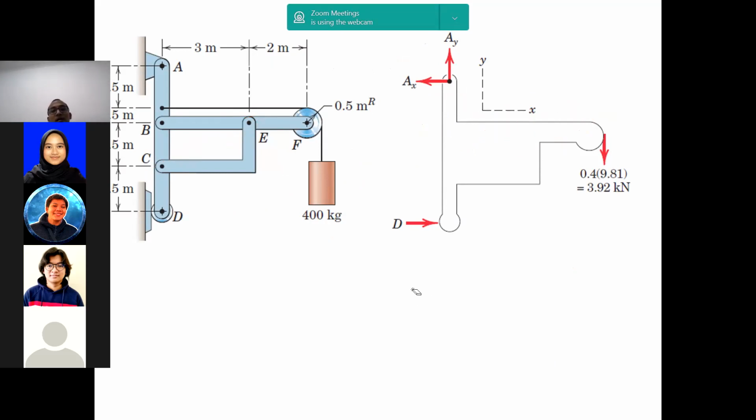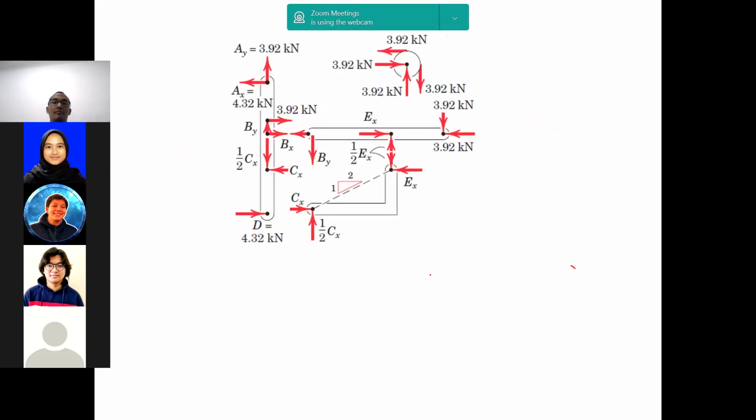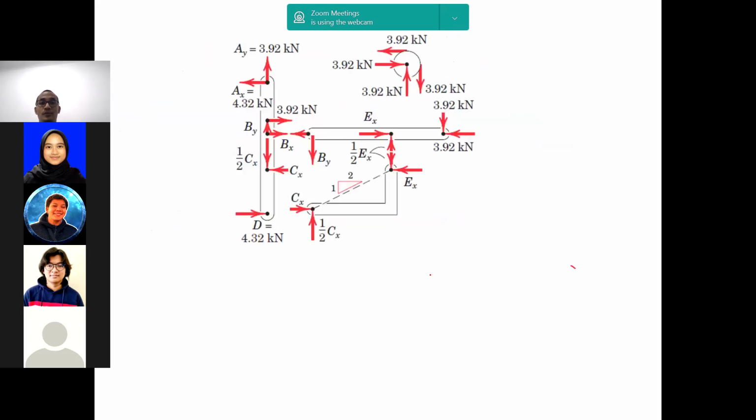After we solve for the whole free body diagram, to get AX, AY, DY, DX, then we can go for the multi-force members. We have two multi-force members here, AD and BF. As usual, we have to know all the tension forces, that's why we have to solve for the pulley as well.